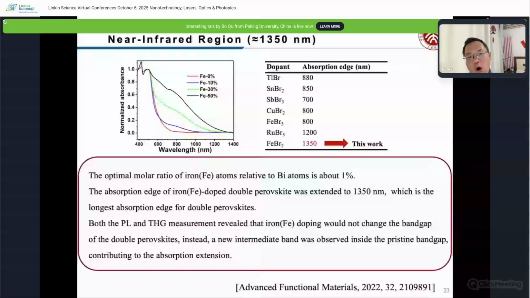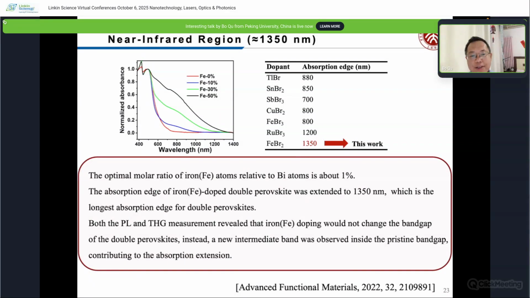The optimal molar ratio of ion atoms relative to bismuth atoms is about 1%. The absorption edge of ion-doped double perovskite was extended to 1,350 nanometers, which is the longest absorption edge for double perovskites.